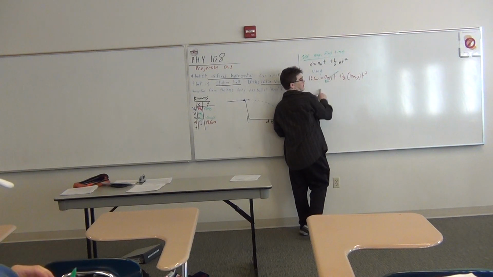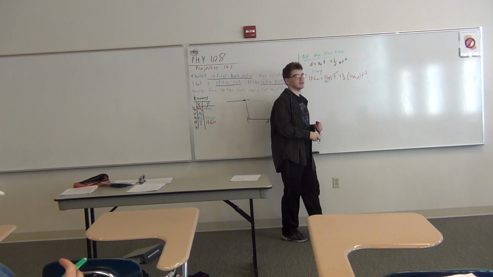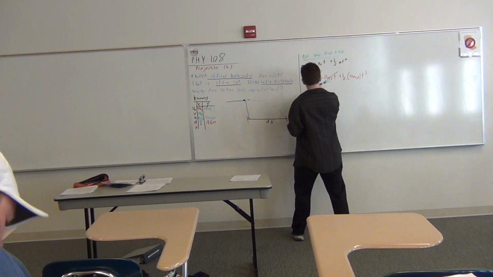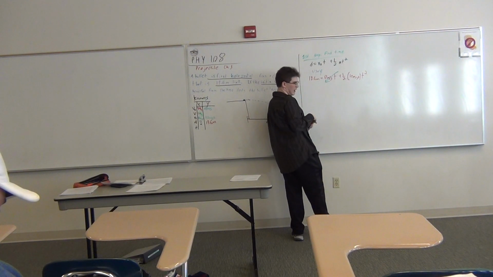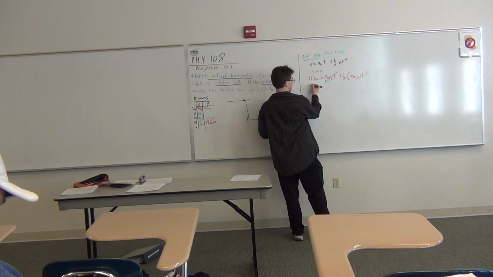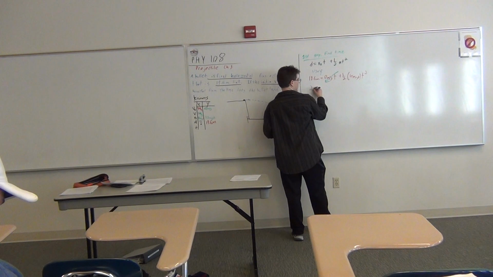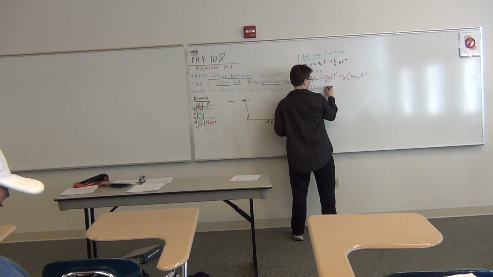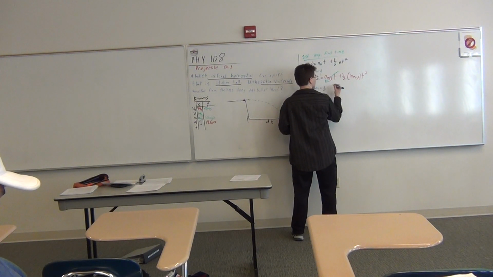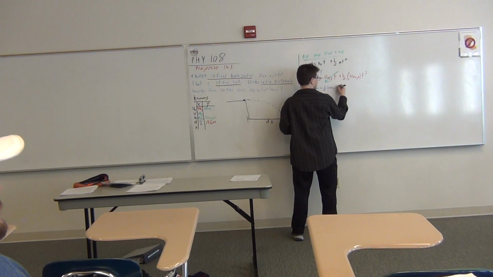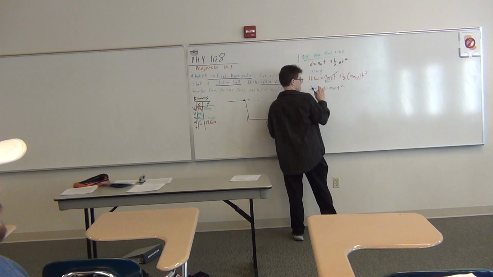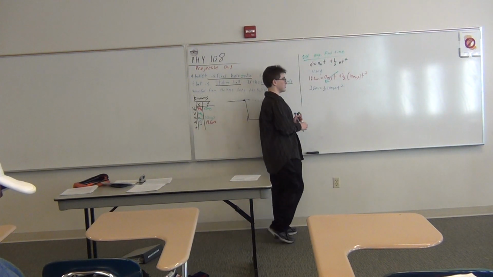If you ever see me write an arrow like that, that just means it goes to 0. So you guys are not allowed calculators. So the next step would be to round this: 20 meters equals 1/2 times 10 meters per second squared times time squared. So now we just solve.